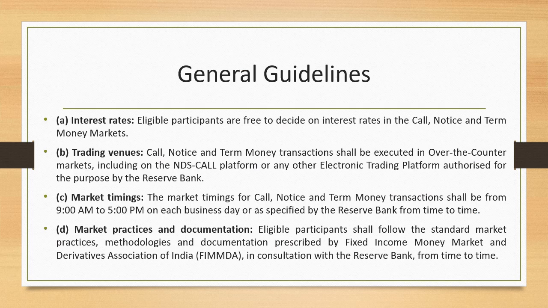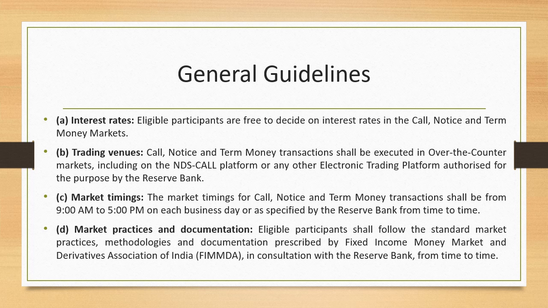Having said that, please note that interest rates in call, notice and term money are market determined. What does that mean? That simply means that there's nobody fixing the rate here, nobody deciding the rate here, but the supply and the demand condition decides the rate in this market. Call, notice and term money transactions shall be executed in over the counter markets, including on NDS call platform or any electronic trading platform which is authorized by the RBI.